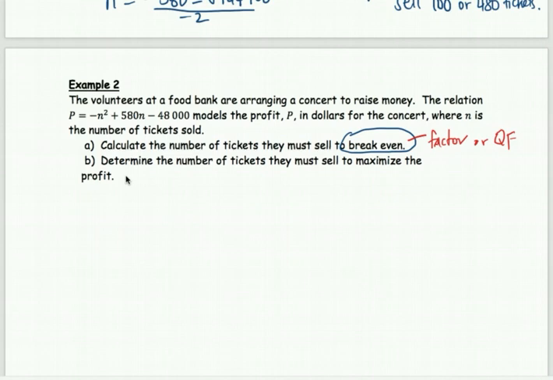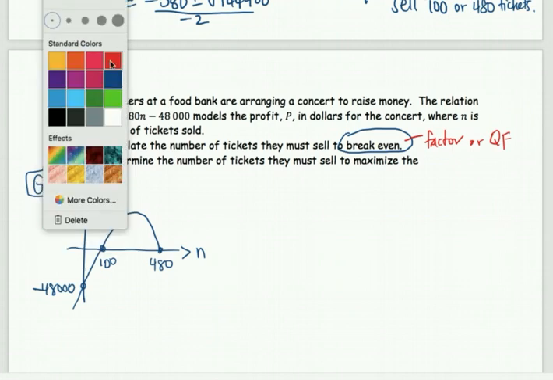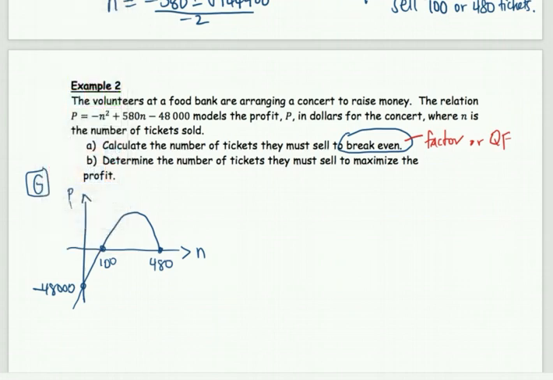We need to determine the number of tickets that must be sold in order to maximize the profit. Here's a diagram of what we're looking at here. So again, here's the profit versus the number of tickets sold graph. So again, we need to figure out the number of tickets in order to maximize the profits here. Okay, so there's various factors involved in raising money for the food bank here.